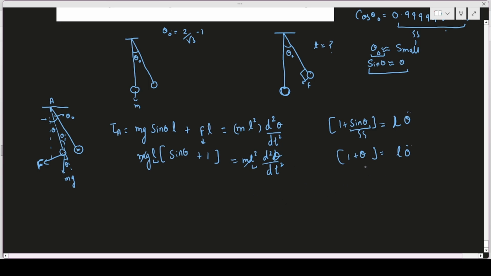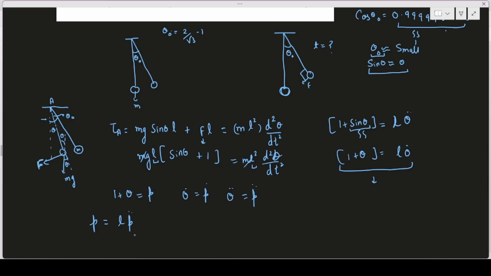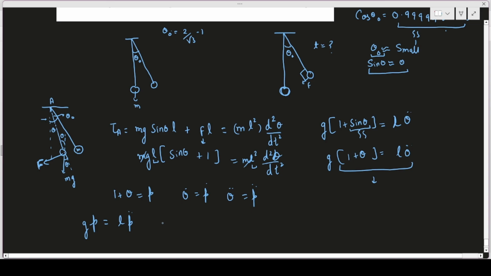So now we have to solve this equation. For solving this equation, let's take 1 plus theta equal to p. So theta dot will be equal to p dot, and theta double dot will be equal to p double dot. So gp will be equal to L p double dot. Okay, so we missed one g here. G was also here. Also one minus sign was there, because this theta is decreasing.